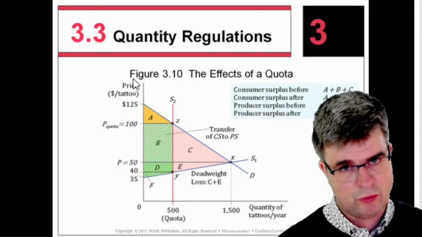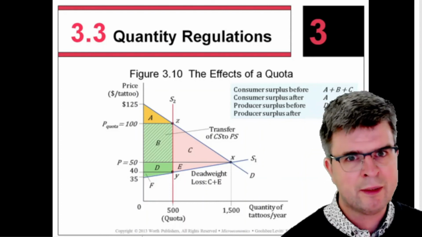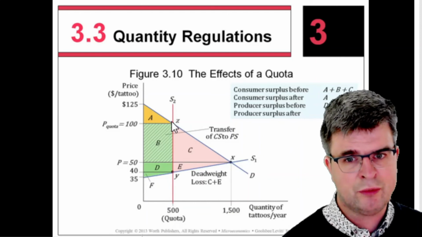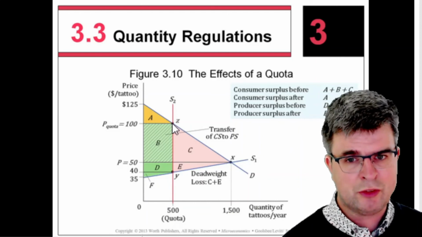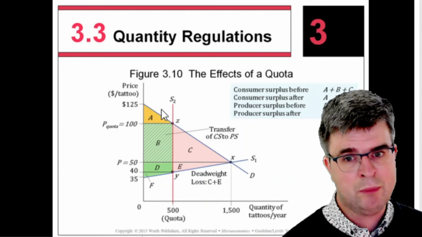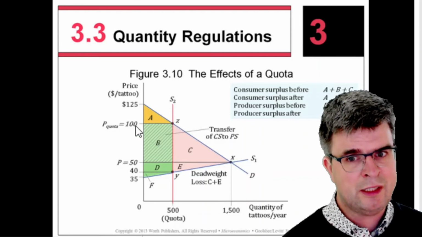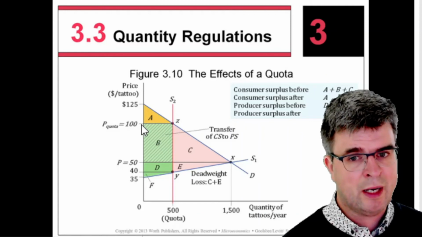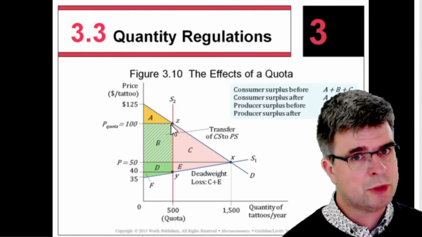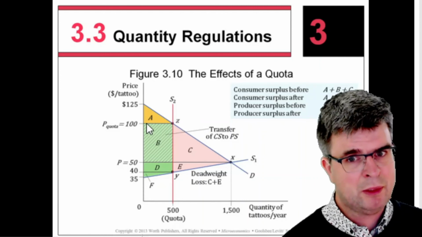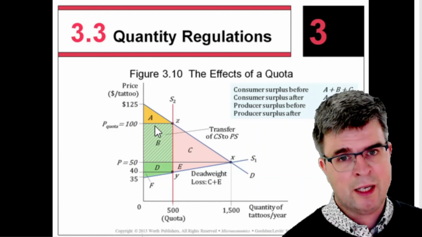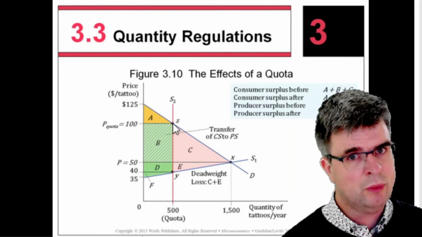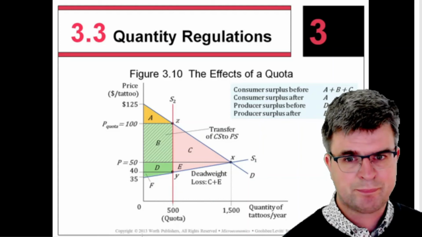So the price is flexible. There's no price regulation here. But given that the quantity is limited at 500, the equilibrium price for which supply of 500 equals demand of 500 is equal to 100. So we will observe a very high price. We will not observe an excess demand or an excess supply because at the price of 100, exactly 500 people are willing to buy a tattoo, and that's exactly equal to the supply.